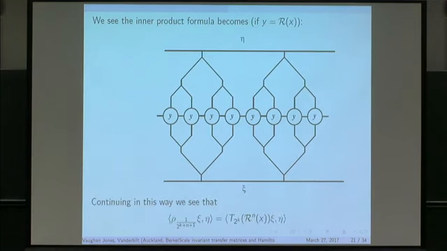Okay, continuing in this way, we see that this inner product is equal to the transfer matrix, where you've got rid of all of these ones that you want. You just keep on going until there's none of these doublings, all of the R's are gone, and you get psi, transfer matrix, eta at the appropriately renormalized value of X. So we start with X, which is this little picture.